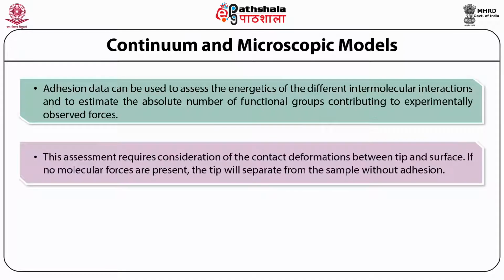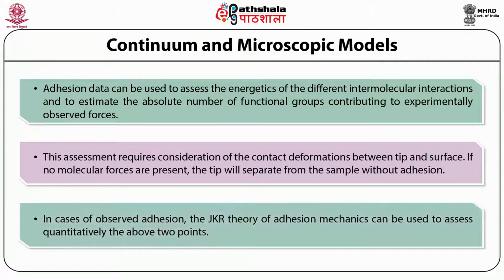The assessment requires consideration of the contact deformations between tip and surface. If no molecular forces are present, the tip will separate from the sample without adhesion. In cases of observed adhesion, the JKR theory of adhesion mechanics can be used to assess quantitatively the above two points.